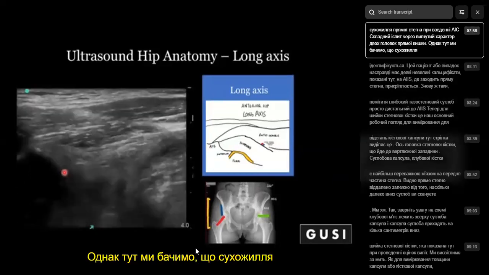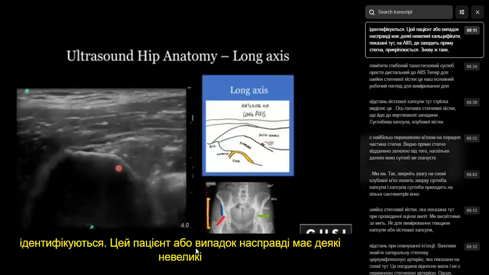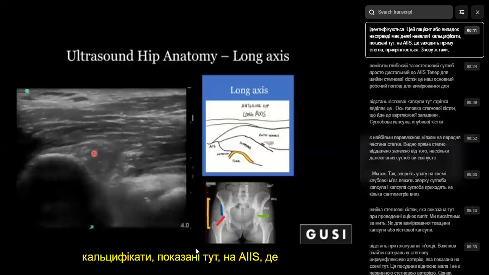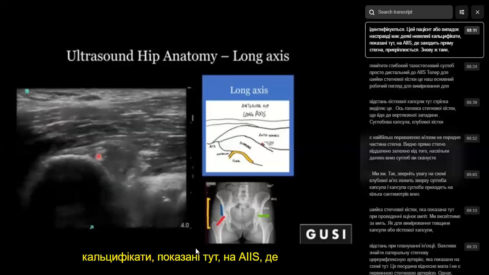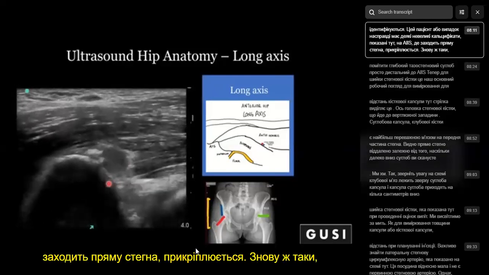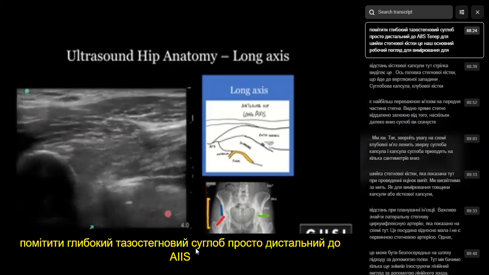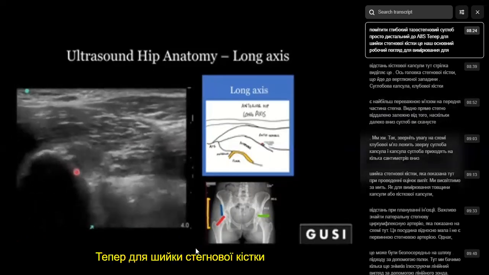However, we can see here that the tendons are identifiable. This patient or case actually has some small calcifications shown here on AIIS, where the rectus femoris comes and attaches. Again, notice the deep hip joint just distal to the AIIS.